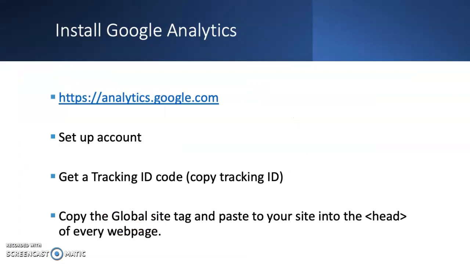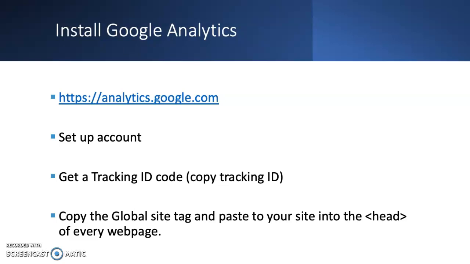This is just a quick rundown on how to install Google Analytics. You go to analytics.google.com and set up a free account. Once you type in your site name or site description, you select web as your account, and it takes you to a tracking ID code page. Make sure you copy that tracking ID. You'll be asked for it later when you come back to visit the site, so it's good to have on hand.